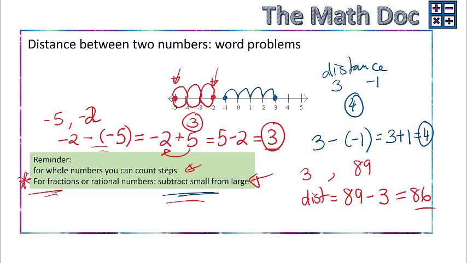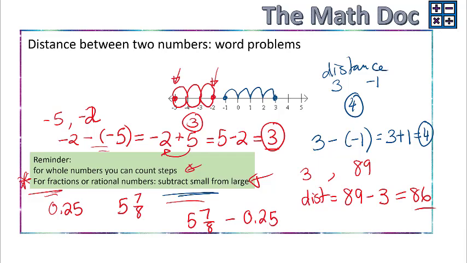And also, if we're looking at the distance between numbers that are not whole, the step counting is really not helpful. For instance, say the distance between 0.25 and 5 and 7/8. That's not too helpful in terms of counting steps, but we can look at 5 and 7/8 minus 0.25.